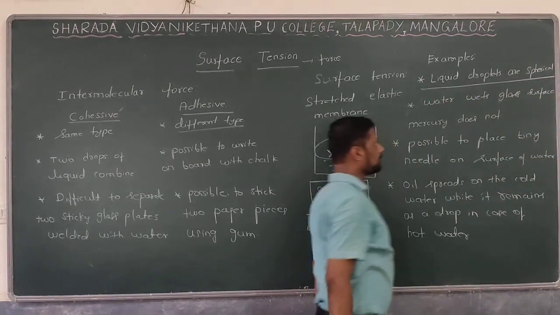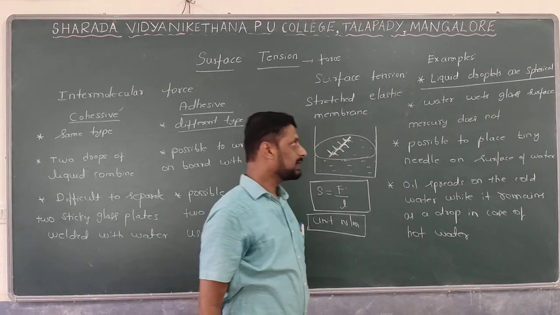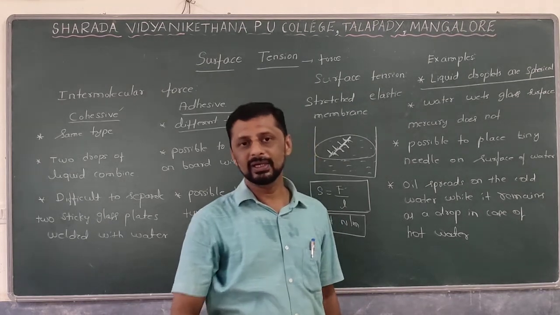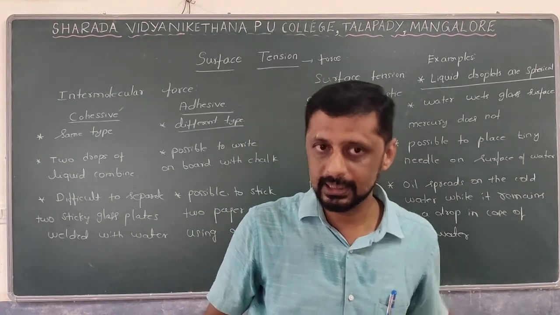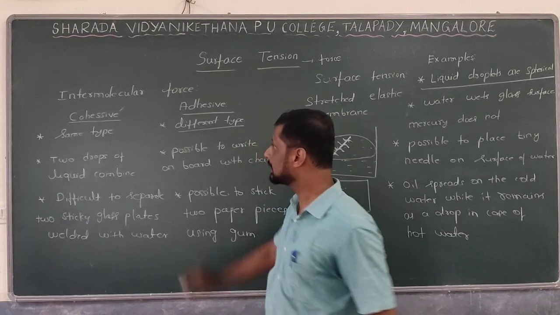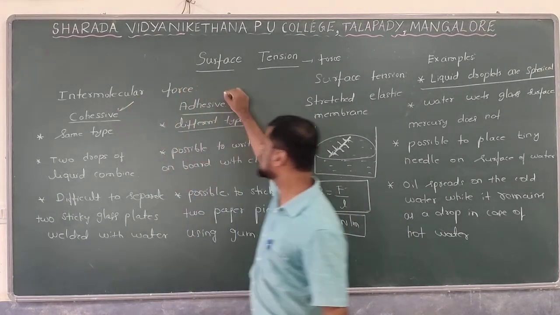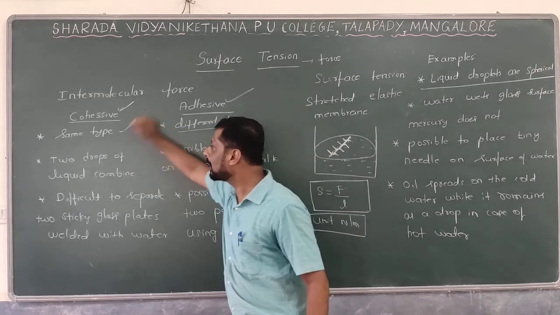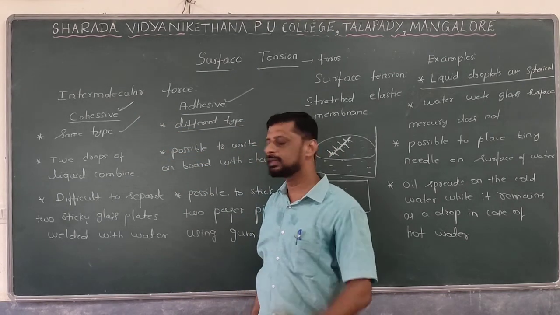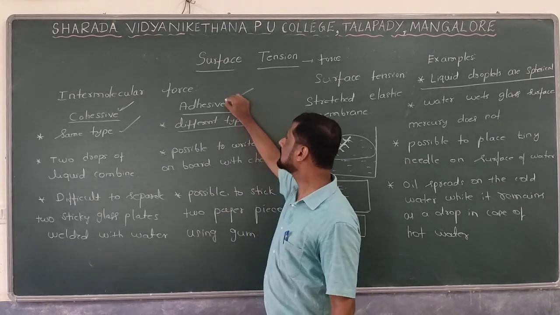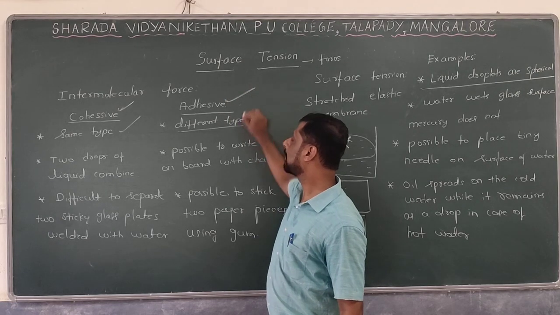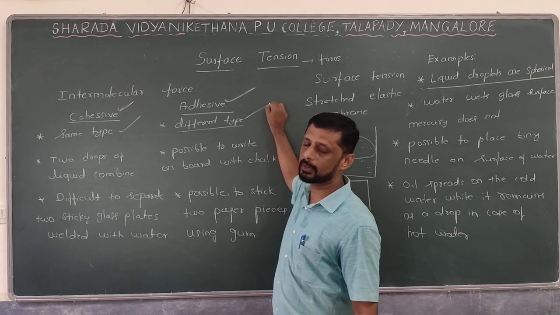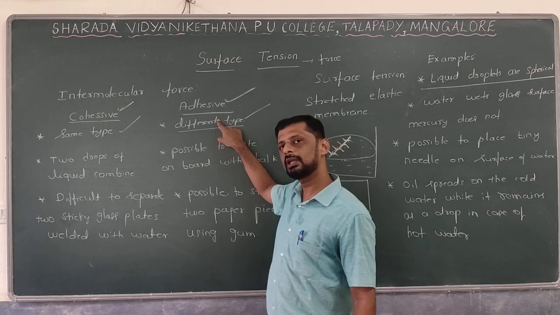Next one, water wets the glass surface, while mercury does not wet the glass surface. This will depend upon what? Relative strengths of cohesive force as well as what? Adhesive force. Cohesive force is the force between the molecules of the same type, the force between the water molecules, while the adhesive force is the force between the molecules of different types. For example, the force between the water molecule as well as what?